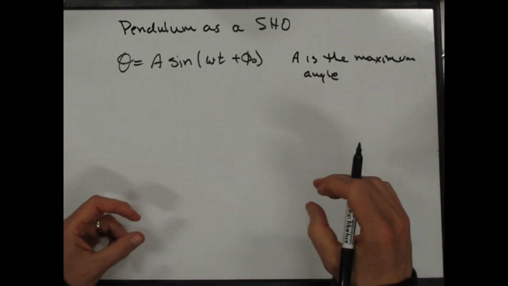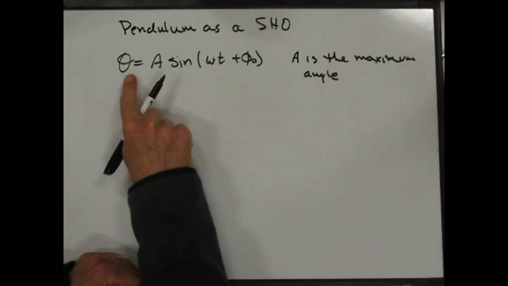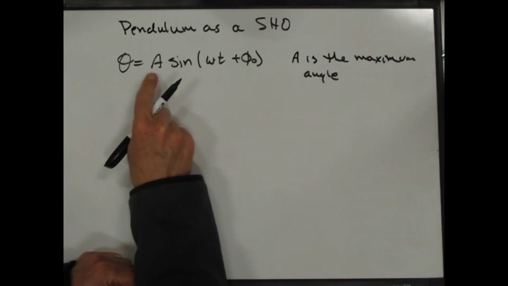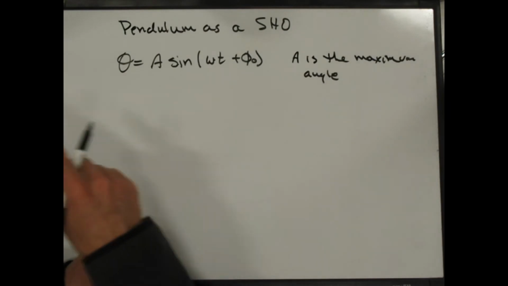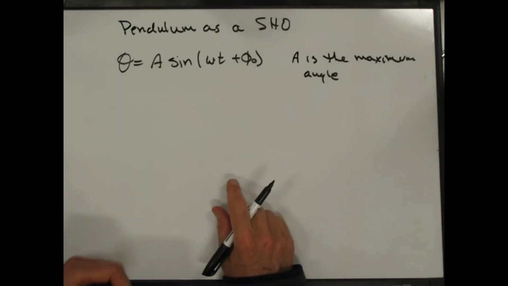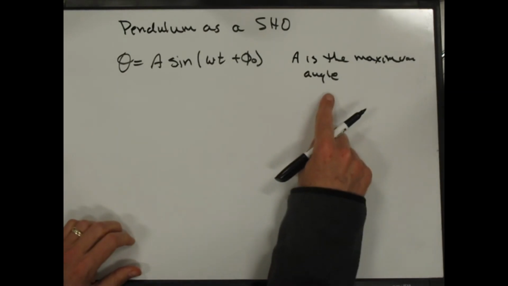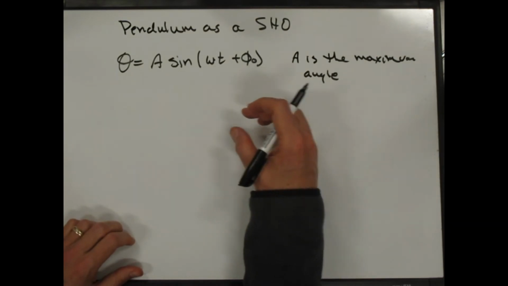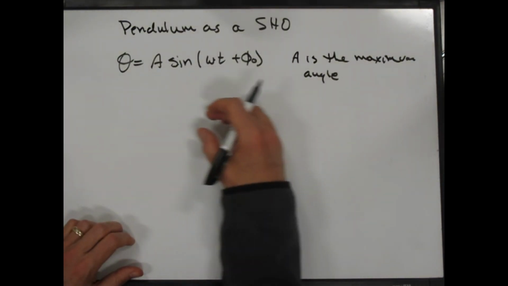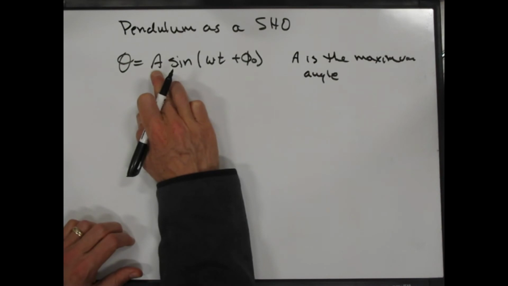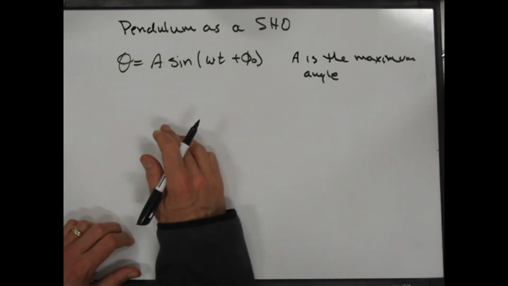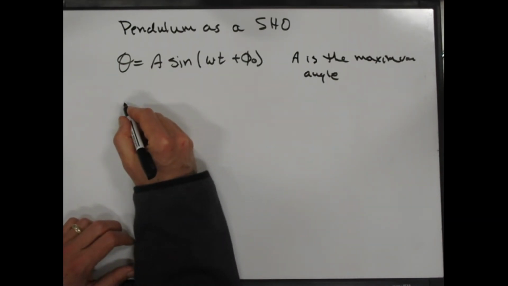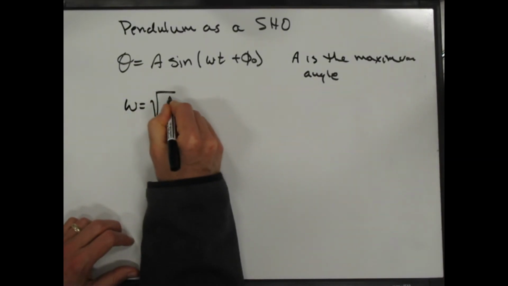Right, if I pull it out to some initial angle, then the angle it's going to be at is that times sine omega t. It's going to oscillate back and forth. So if I pull it out to 3 degrees or whatever, 0.5 radians or something like that, that's what A is. And then this will allow it to oscillate back and forth between those. We just said a minute ago that omega is equal to the square root of g over L.